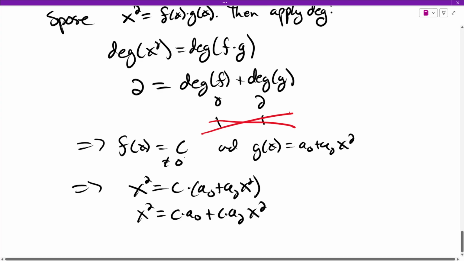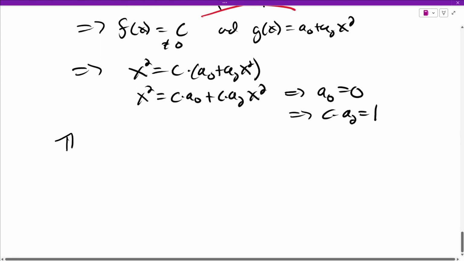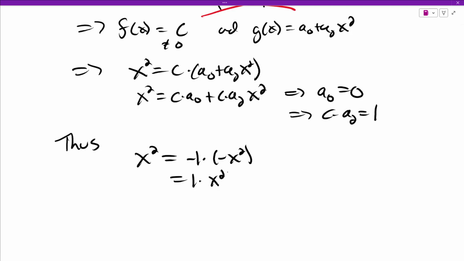So this tells us that a0 has to be 0 to make the sides match up, and c times a2 needs to be 1. And so we have two possible factorings of x squared. We either have x squared is negative 1 times negative x squared, or 1 times x squared. And those are the only possible factorings in this ring R.